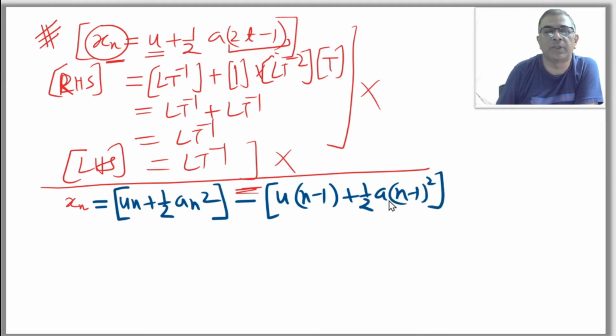Is that right? And you see, just open it up. This is un plus half a n square. This is minus, open the bracket, multiply these two.